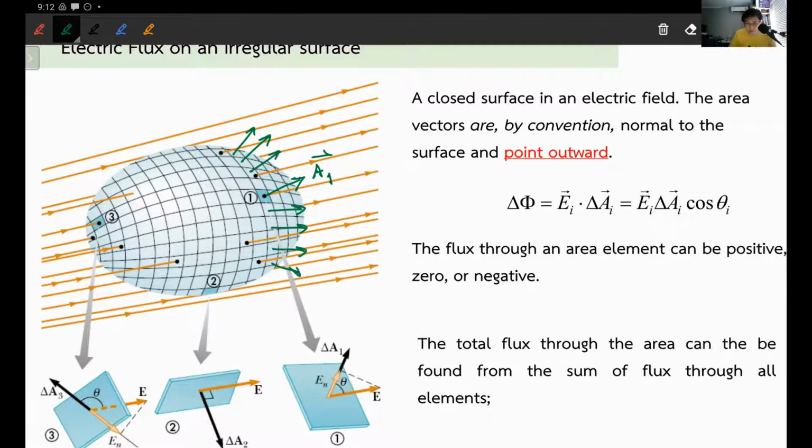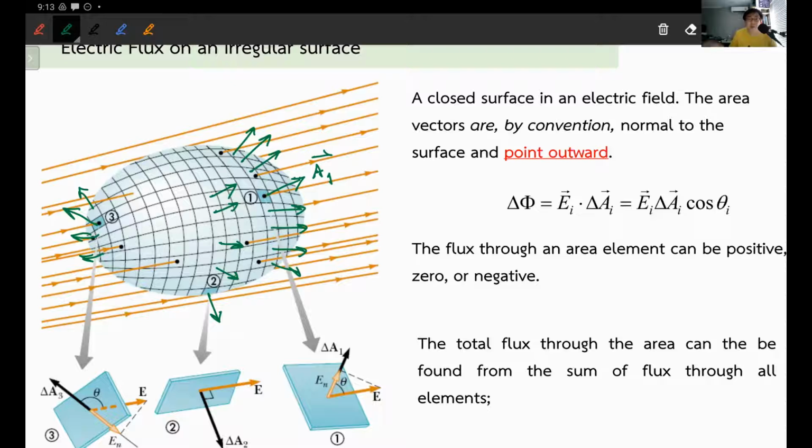You can keep drawing area vectors everywhere you like. Just draw the area vector perpendicular to the surface all the time, and it's pointing outward from the enclosed volume inside.